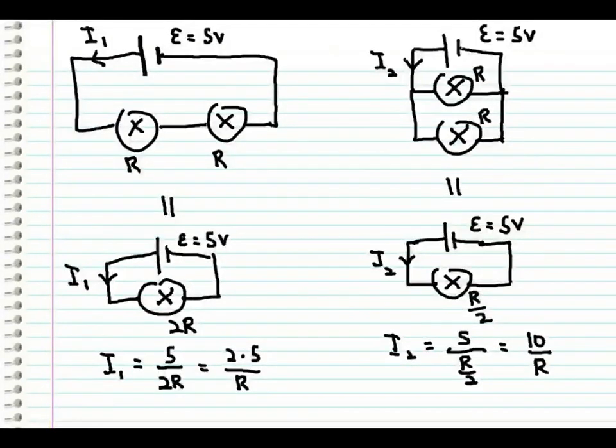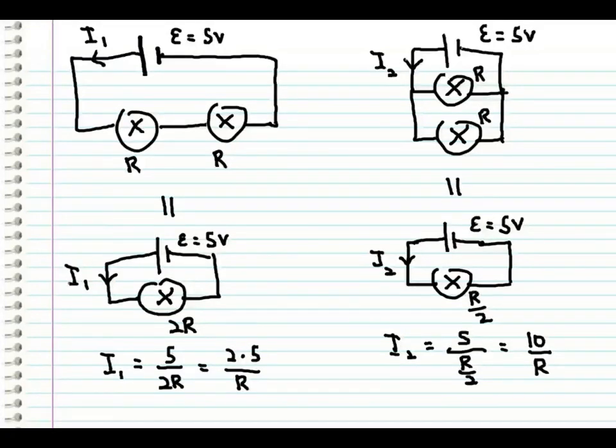Okay, now we have a battery with EMF of 5 volts attached to 2 identical light bulbs with equal resistance R. One diagram has them arranged in series and the other arranged in parallel. The conclusion from this is that 2 light bulbs or any 2 resistors which are arranged in parallel will always receive more current.